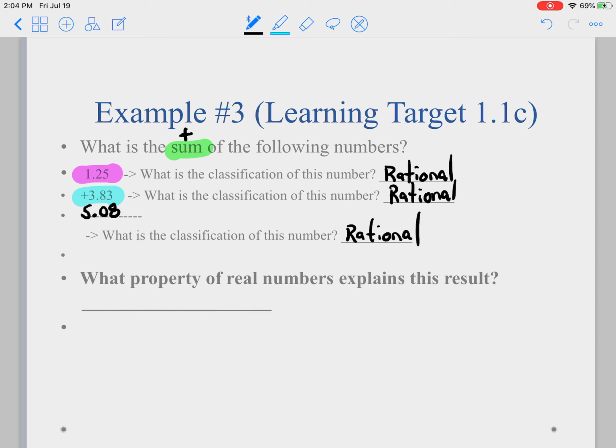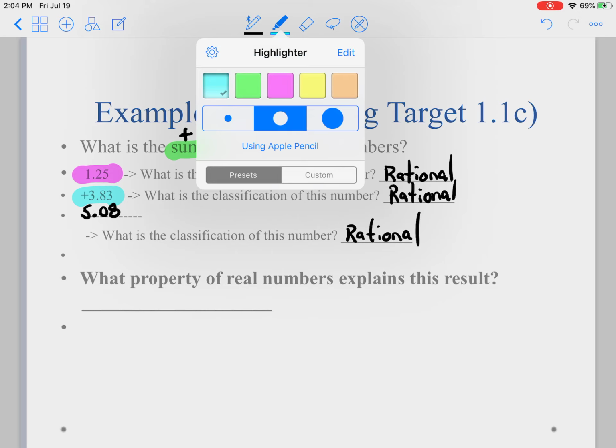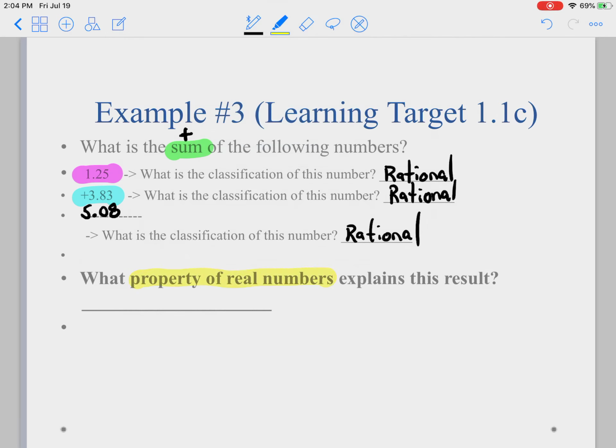Looking at our last question, and this really highlights learning target 1.1c. What property of real numbers explains this result? So thinking back at all the properties that we have discussed, one in particular, that property was the closure property.